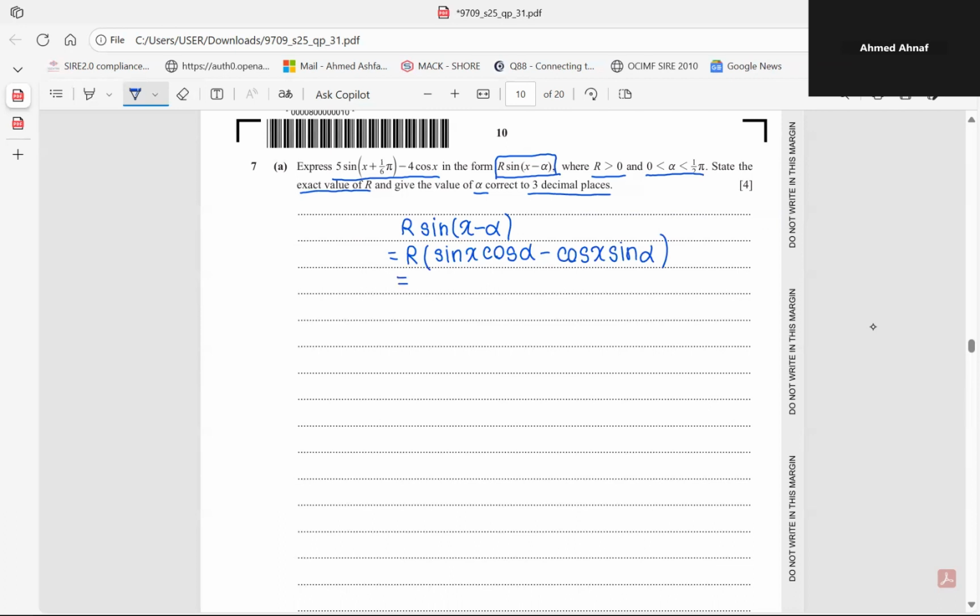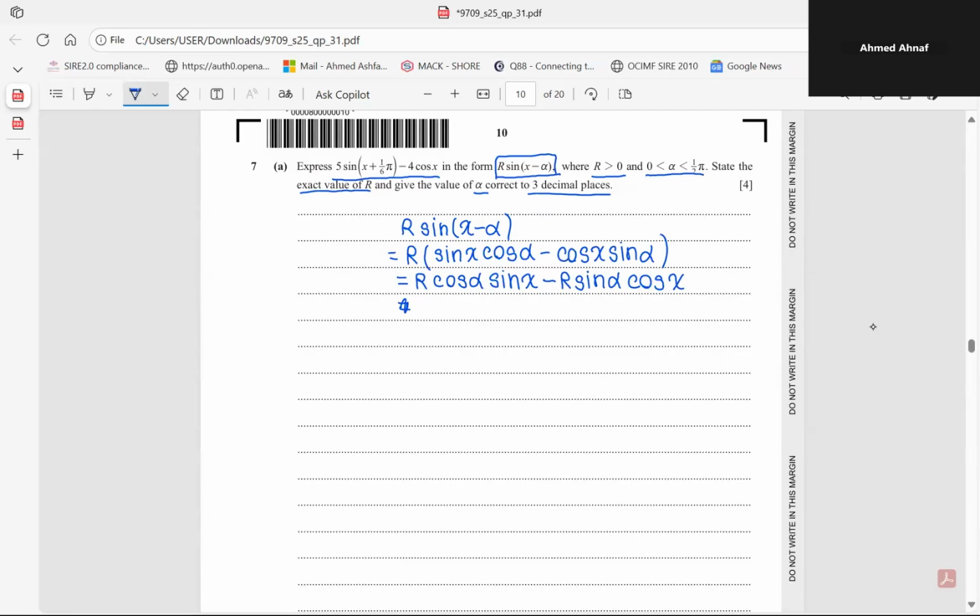Okay, now we can remove the brackets. So this would be r cosine alpha sine x minus r sine alpha cosine x. And we can equate that with our original equation in here.